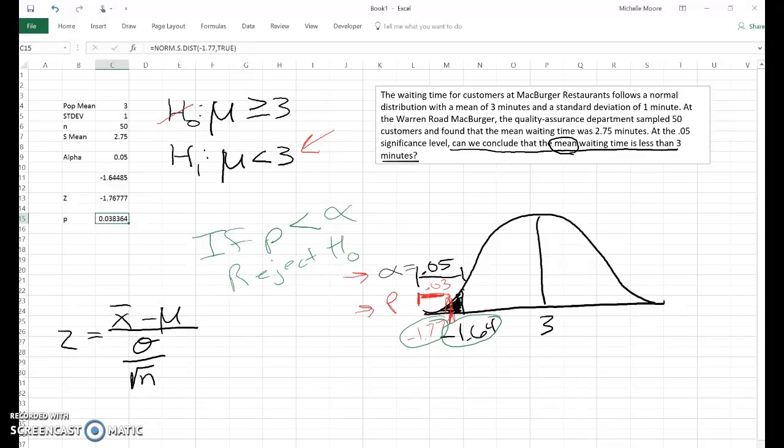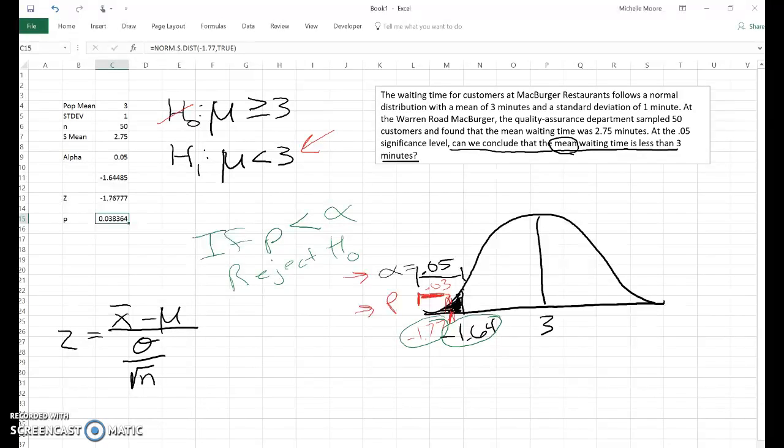The cool thing about the p-value is that it shows you the strength of the decision you just made. So for instance, this is 0.03, which is a fine number, and it is less than 0.05, so we do reject the null. But what if instead of choosing an alpha of 0.05, we had used an alpha of 0.01?